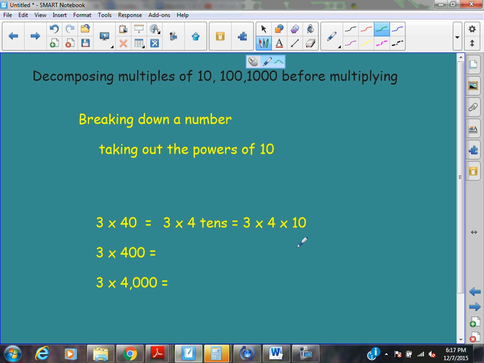I know in this case it might seem a little bit easier. So if I have 3, let me pick a brighter color. If I have 3 times 4, I can figure those out. So I know that 3 times 4 is 12. And I know that multiplying by a 10 moves each of my digits over once in the place value chart.